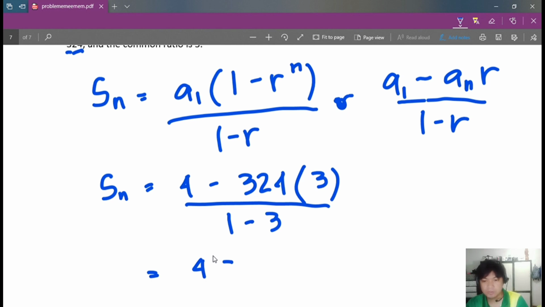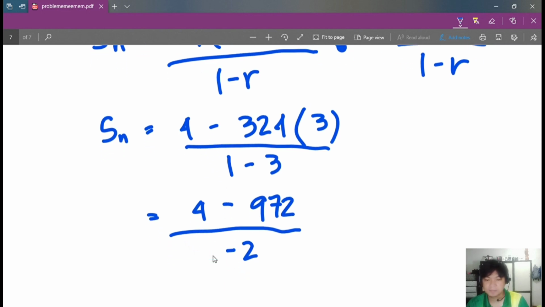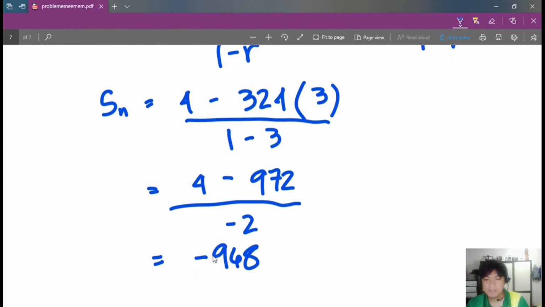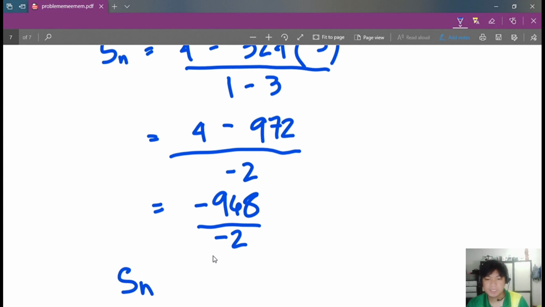So, 972 over negative 2. So 4 minus 972, that's negative 968, negative 968 divided by negative 2. Then the sum is equal to negative 968 divided by negative 2, that's 484. So the sign is positive, so the sum is 484.